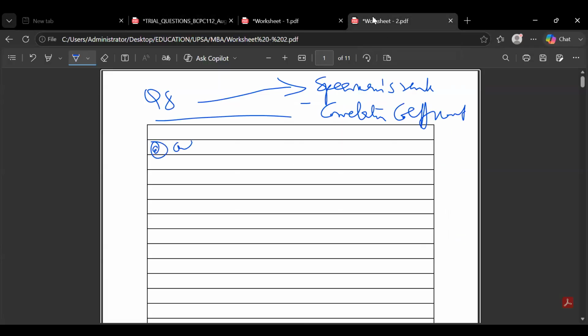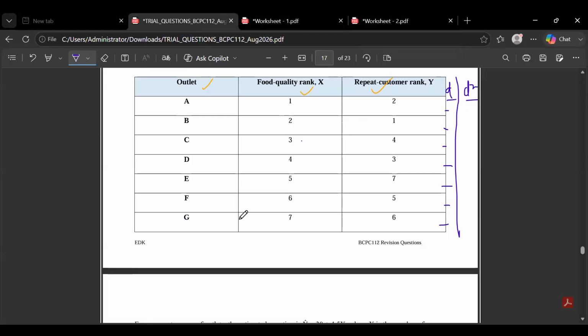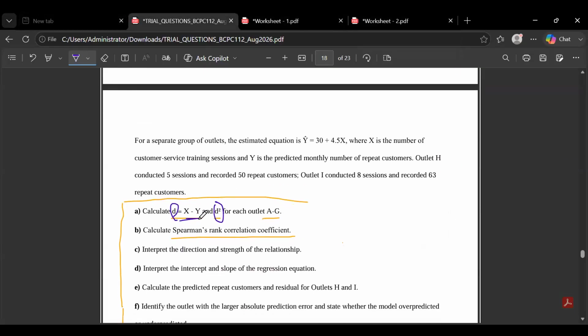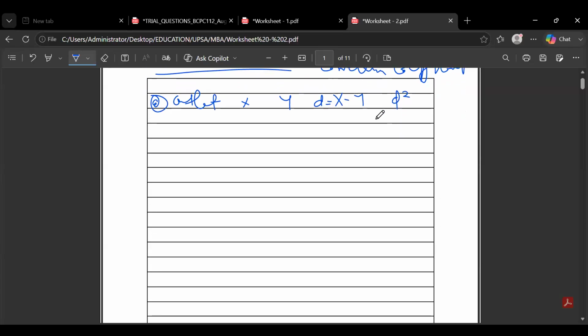So outlet here, x here, y there. Then d, and the question says d equals what? x minus y. Then I'll find my d squared. Very good.